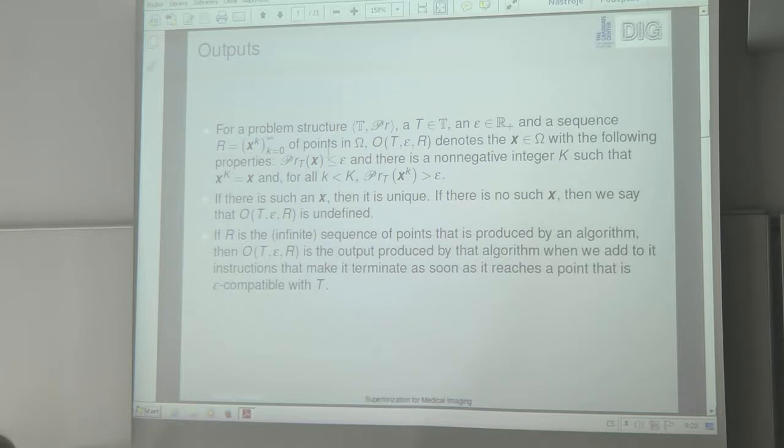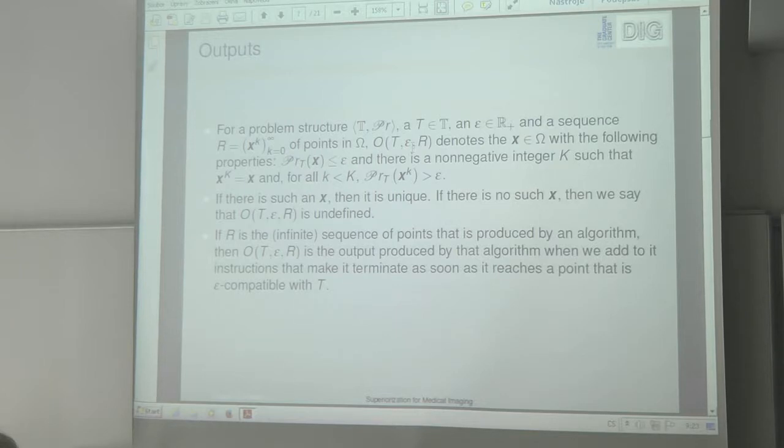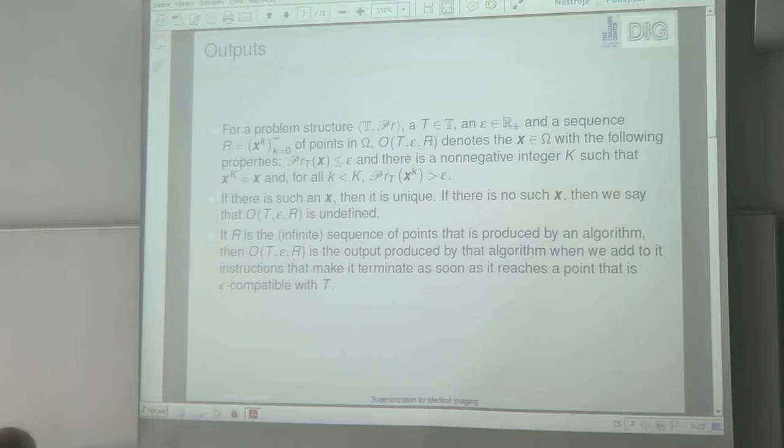So the way we think about it is that the output associated with a problem T, an infinite sequence R, and a user-selected epsilon, where epsilon is a positive number, is the following. R is an infinite sequence.